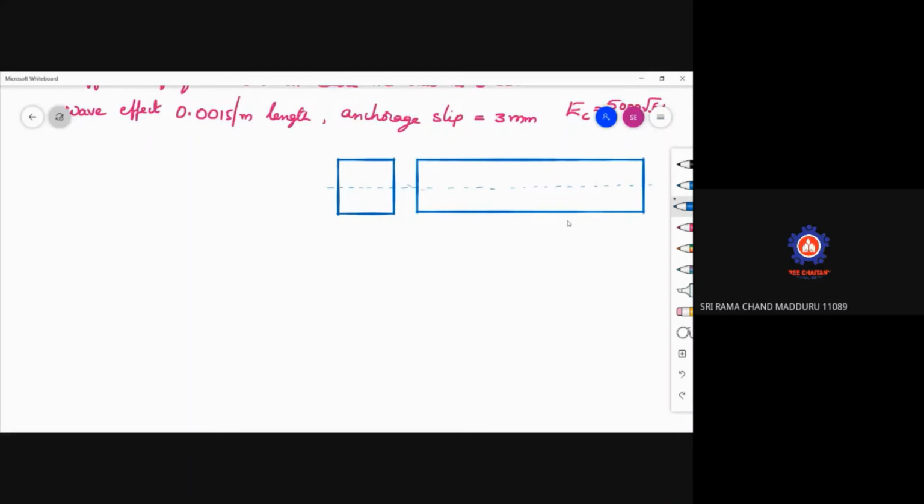You can see that at supports it is 0, at center this is 120 mm. So at center span, the eccentricity E is equal to 120 mm.